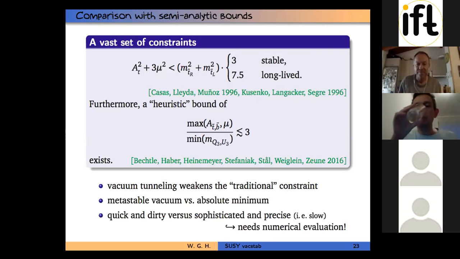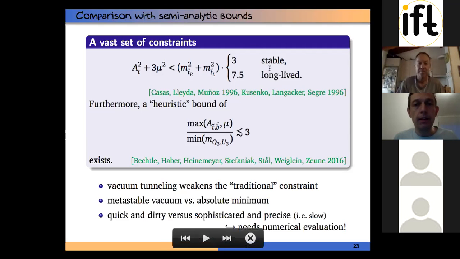Now we want to compare our numerical constraints to constraints that exist in the literature. So one is this famous constraint of absolute stability, which has here the factor 3. And then also in the 90s by Kusenko et al. was derived this first metastability bound where you get a different numerical prefactor here.